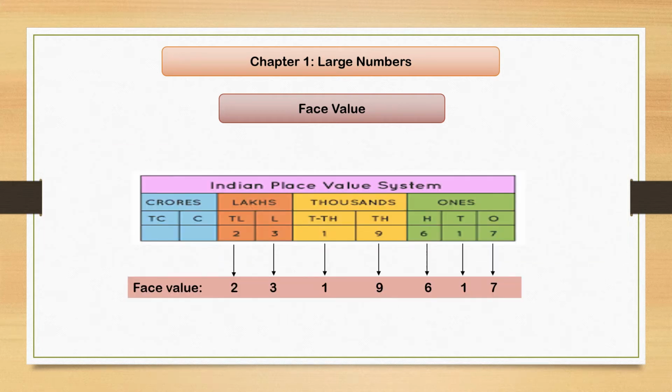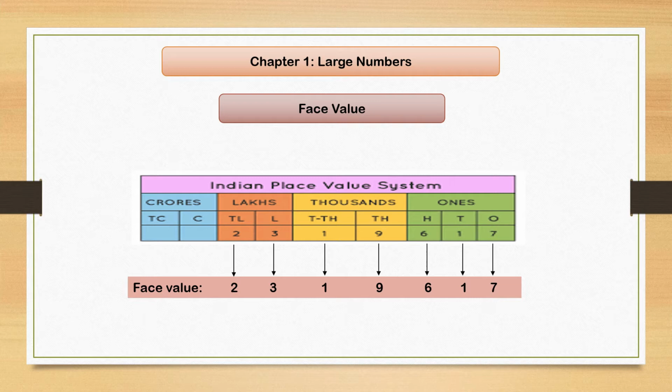Let's talk about face value. What is the face value of a digit? The face value of a digit in a number is the digit itself. The place at which the digit is present does not matter. For example, here we have a number that is 23,19,617.